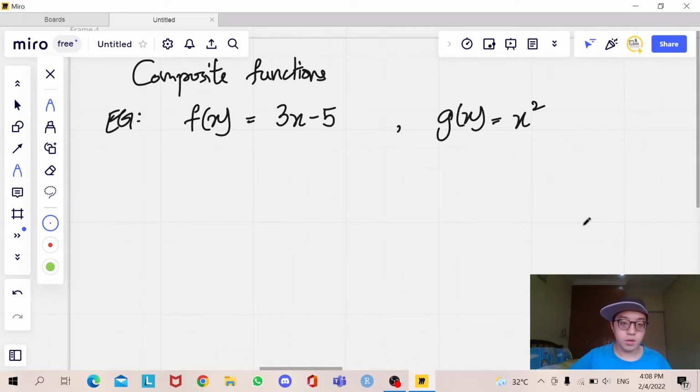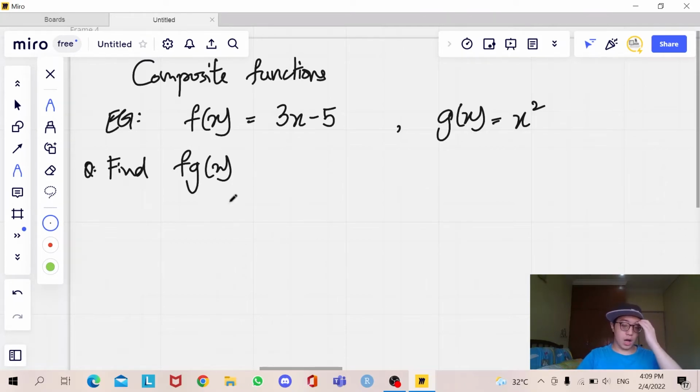So composite functions is like find fg(x). All right, so when you have an fg(x) here, how are you going to look for fg(x)? Okay, so this is not too hard.